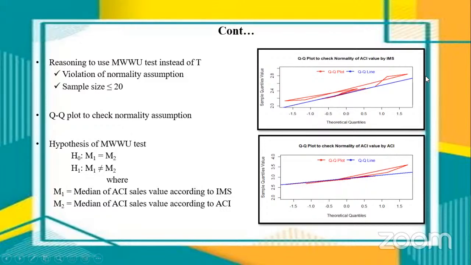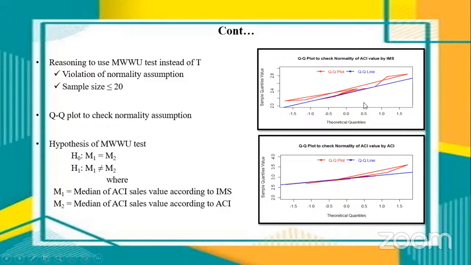There is a clear lack of fit between the QQ plot and QQ line, and this is a clear violation of the normality assumption. For the other data set, the actual sales of ACI, there is also a lack of fit between the QQ plot and QQ line, and it is a violation of the normality assumption.